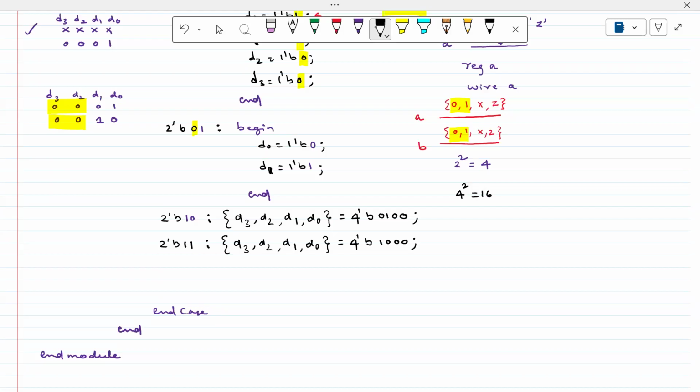That means it will start with 0 0, 0 1, 0 X, and 0 Z also. This is called A, B, for example. That means B can also take all the 4 values, right?